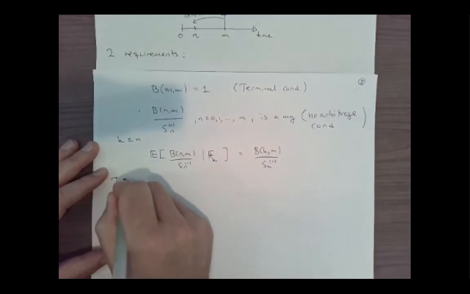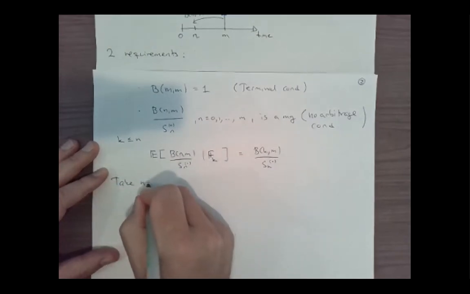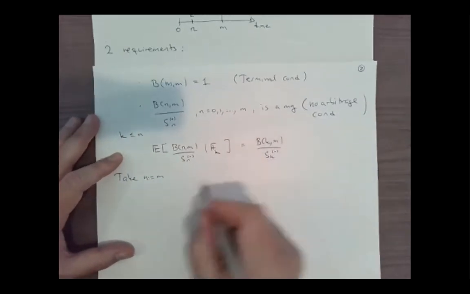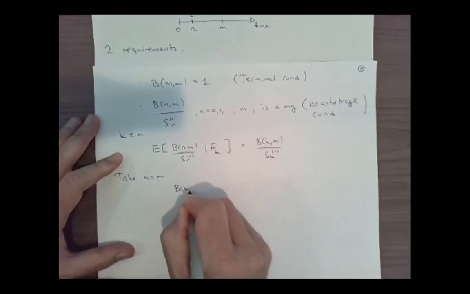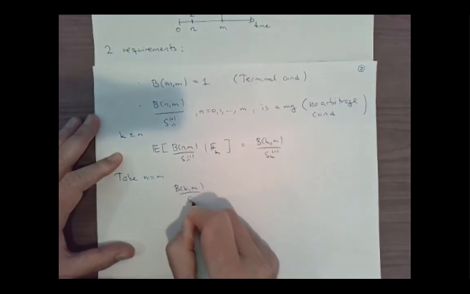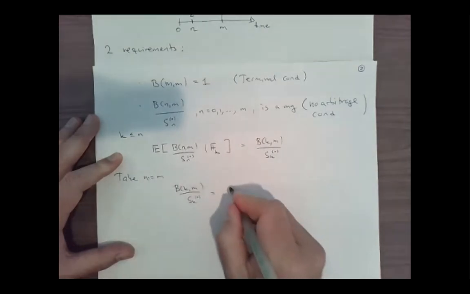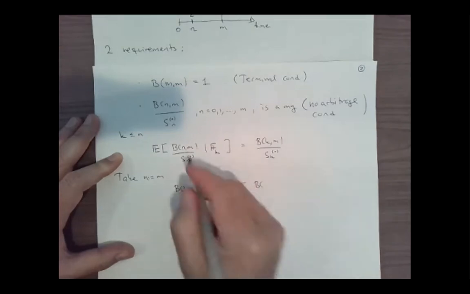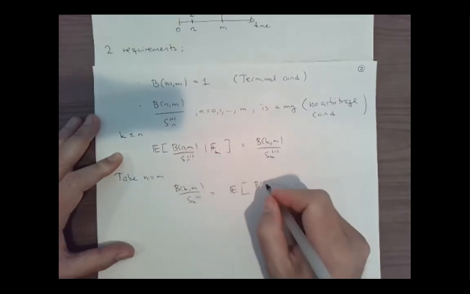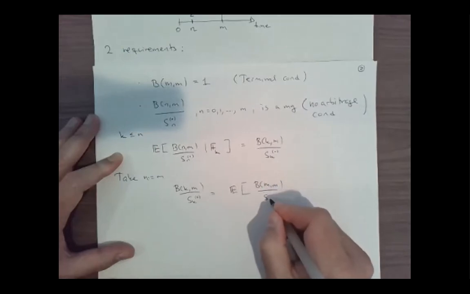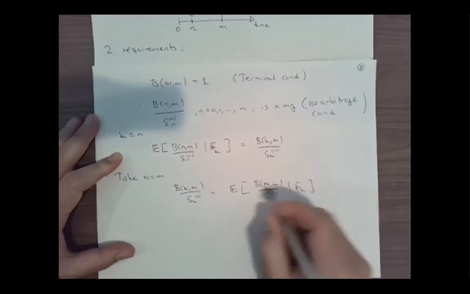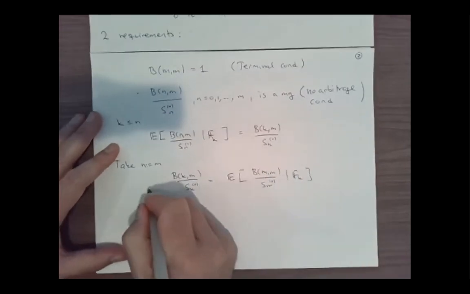So take n to be m. What I'll end up with is B(k,m) over S_k(0) equal to the expectation of B(m,m) over S_m(0) given k. Right, and now this quantity here is 1.